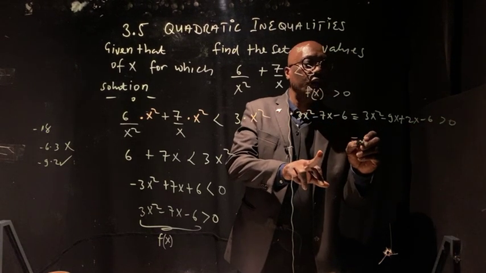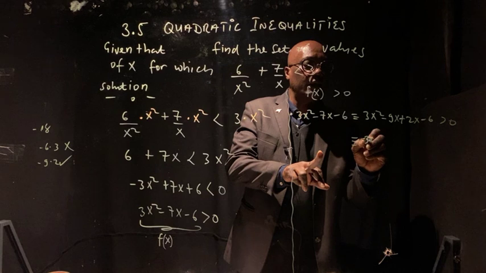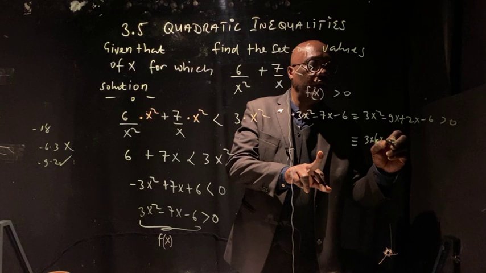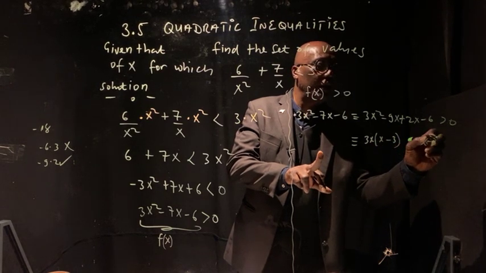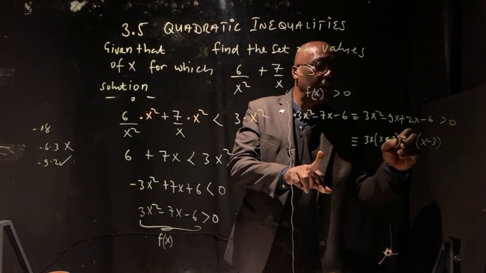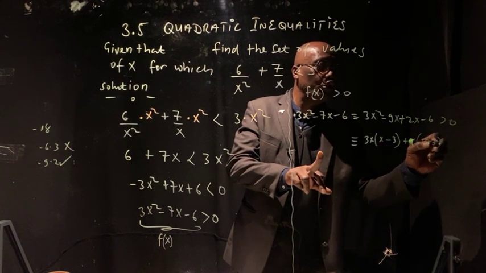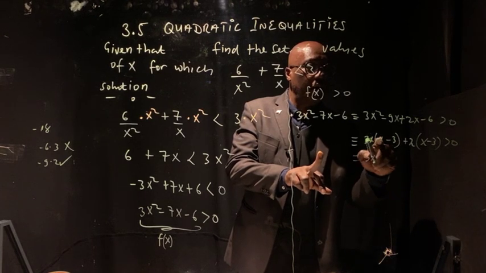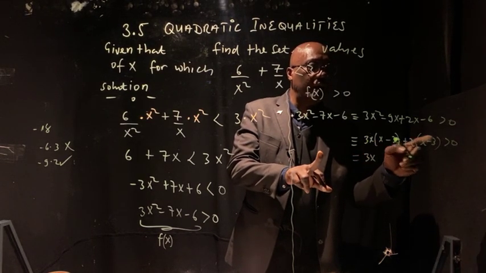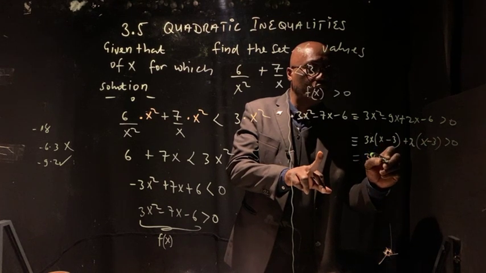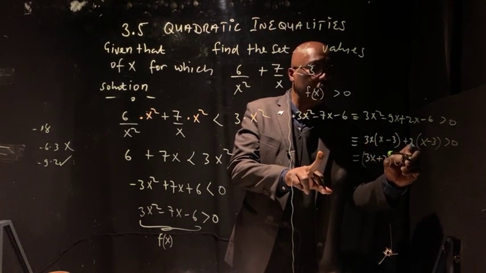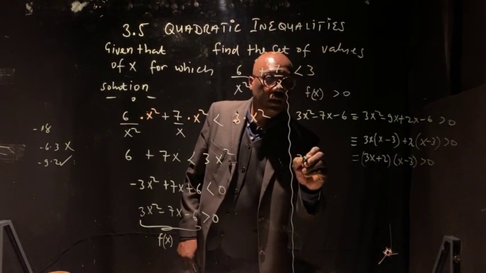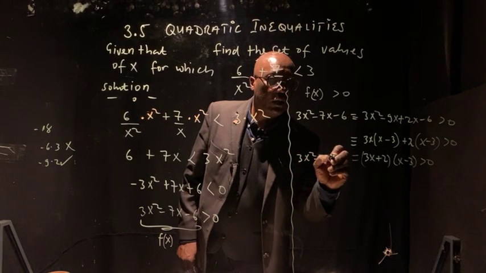So this one becomes, factorize the 3x out, have x minus 3, and the same x minus 3, I'll write it here. So this one can say that plus 2 multiplied, greater than 0. So this one becomes 3x, factorizing the common factor out, have 3x plus 2, and then x minus 3 greater than 0. This one is 3x squared minus 7x minus 6.